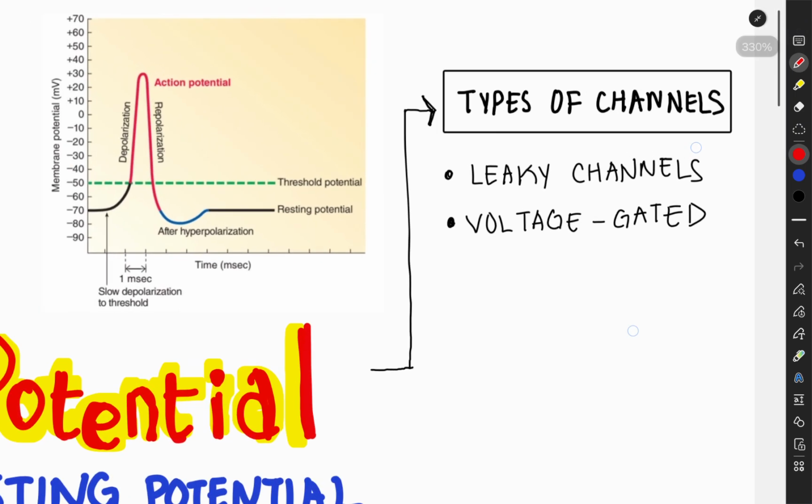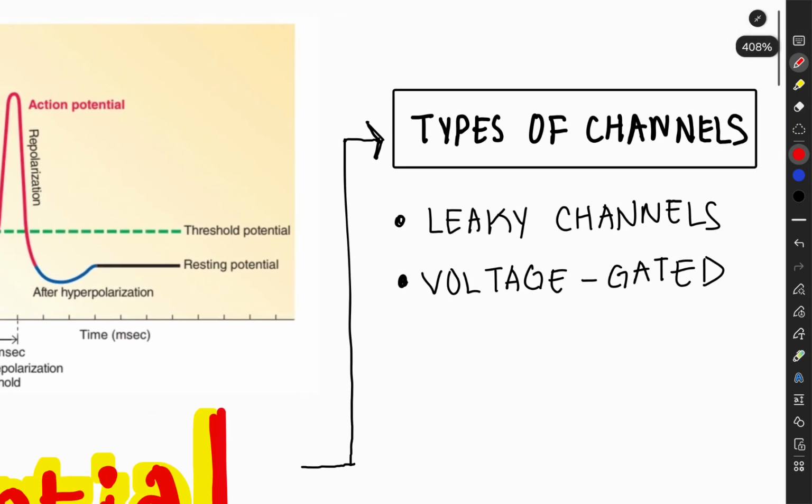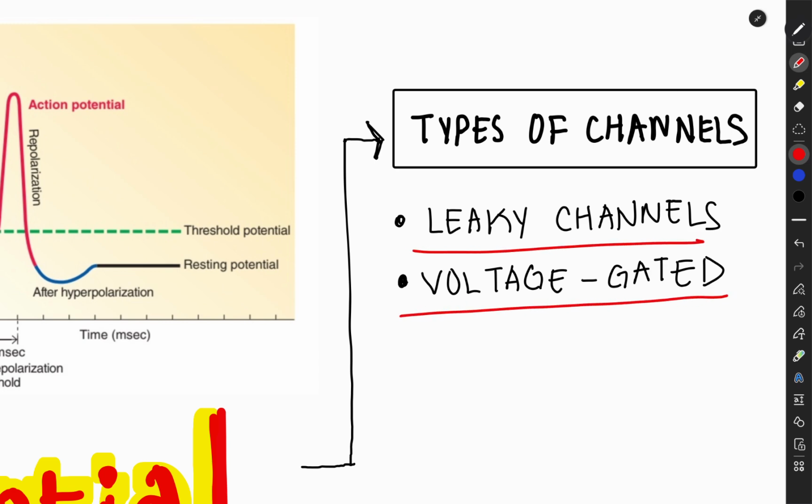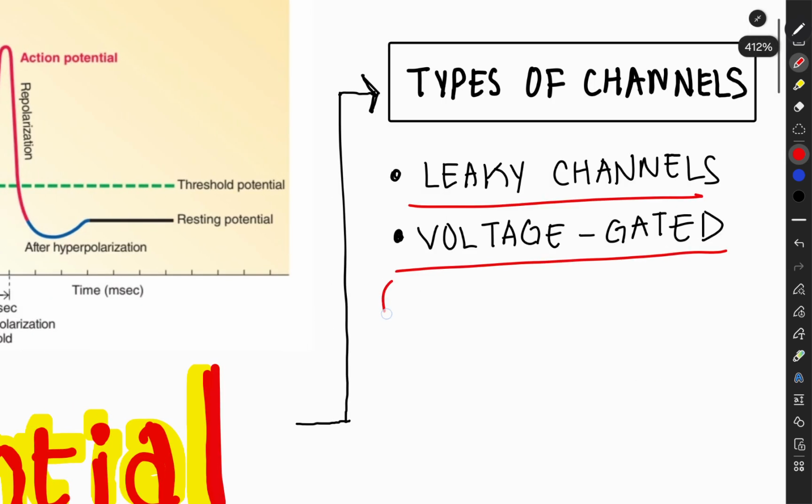So I'm going to explain the types of channels we have. Mainly there are leaky channels and voltage gated channels. Voltage gated channels are very sensitive to change in charge.